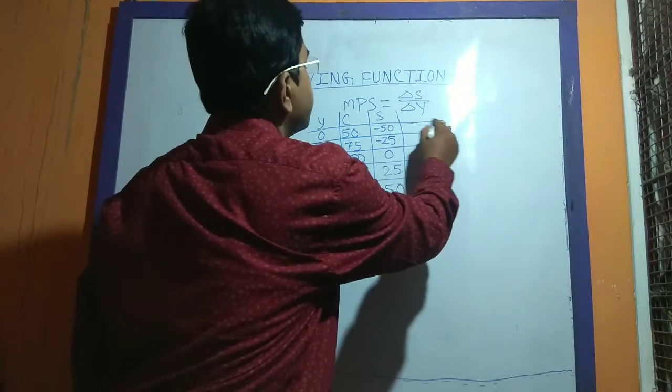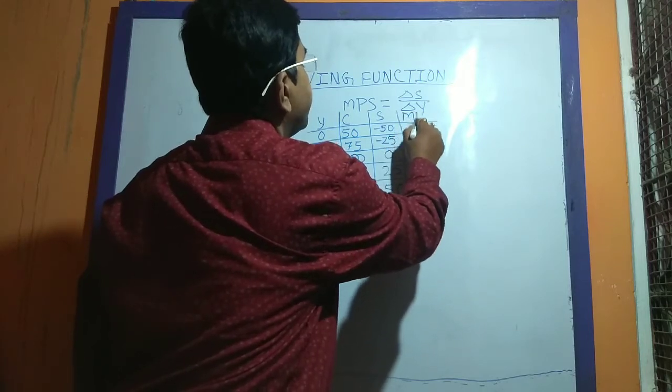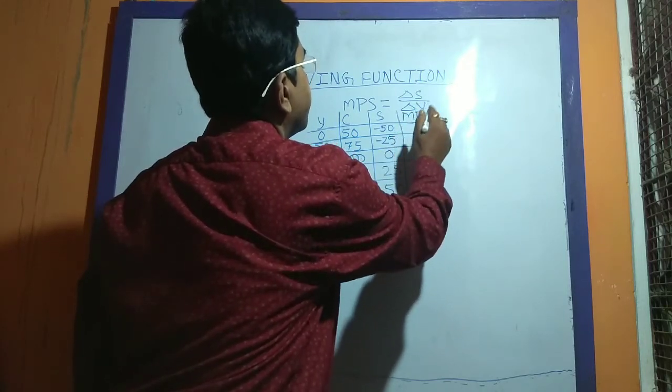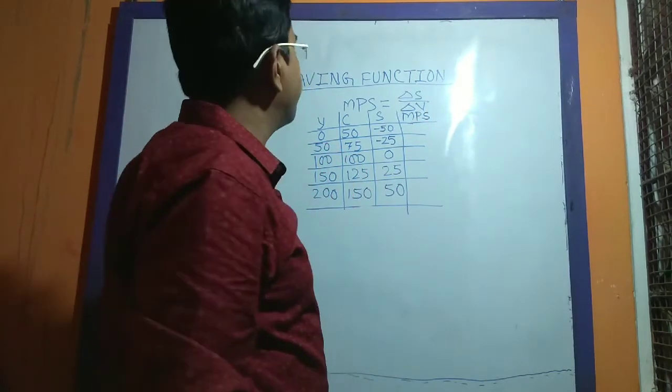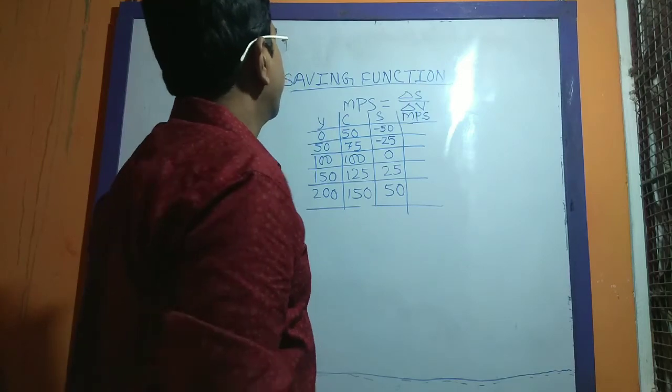Now MPS, marginal propensity to save, is the change in saving due to change in income.